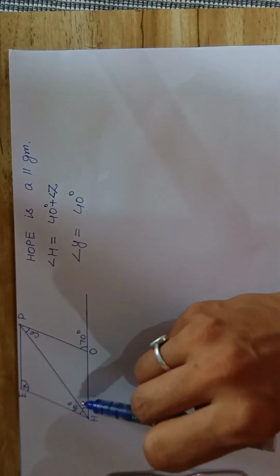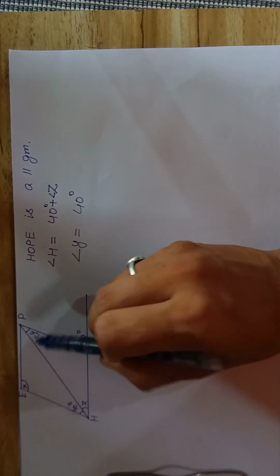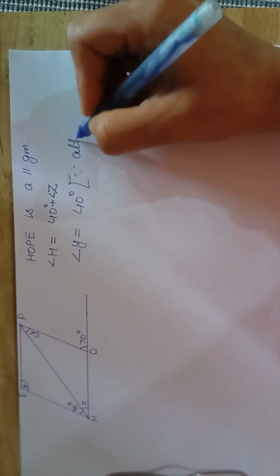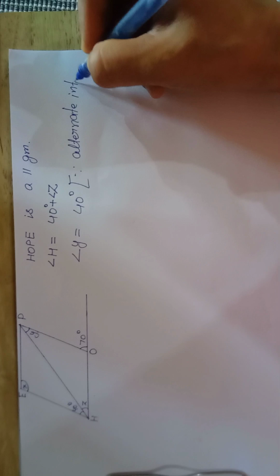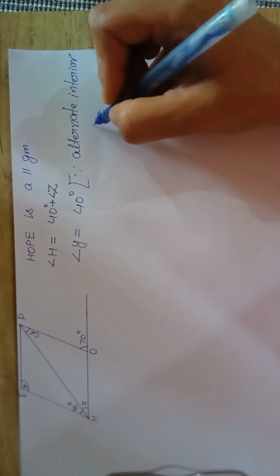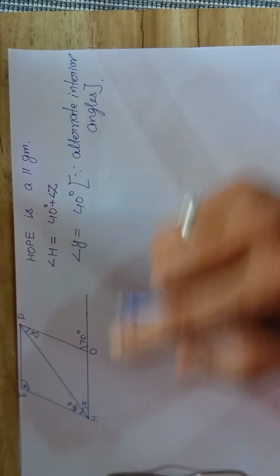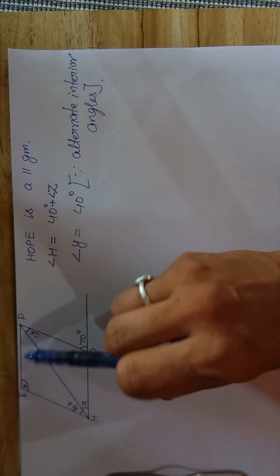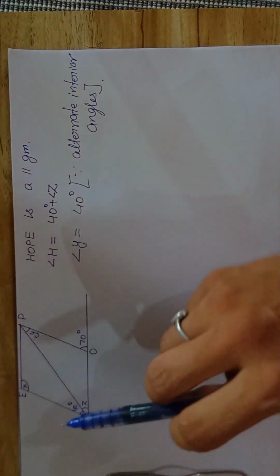And what's the reason? This angle Y is 40 degree. Its reason is alternate interior angles. Now, what are these alternate interior angles? EP and HO, both of these are parallel lines.